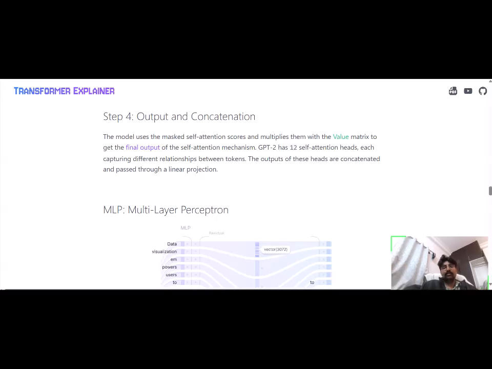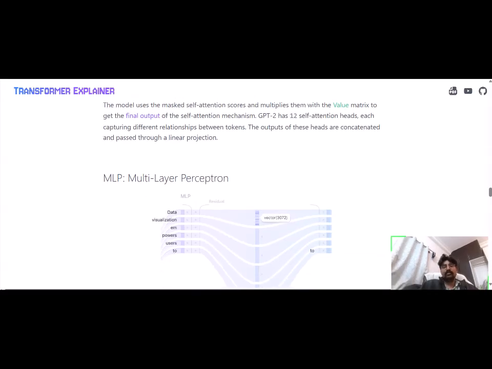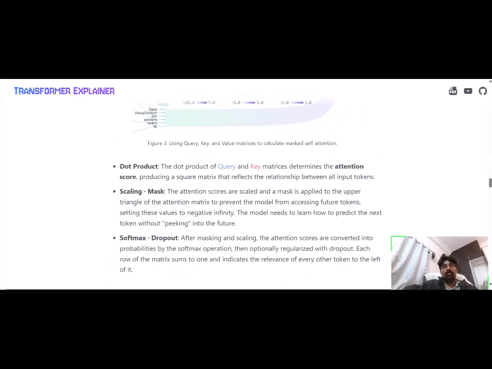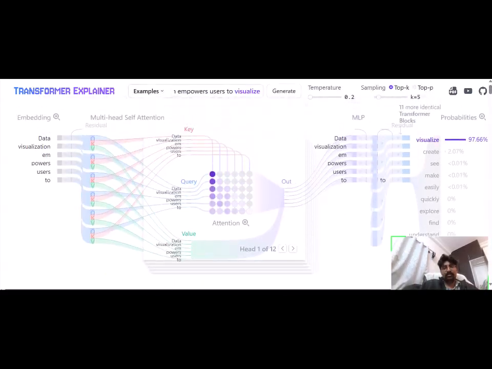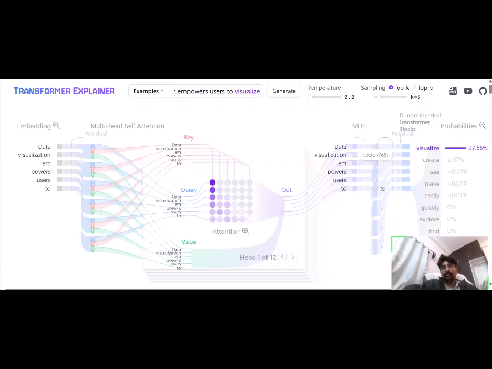MLP layer. Taking GPT-2 as an example, it has 12 self-attention heads, each capturing different relations between the tokens, and the outputs of these heads are concatenated and passed through a linear layer. So the output of all 12 heads is passed to the MLP.